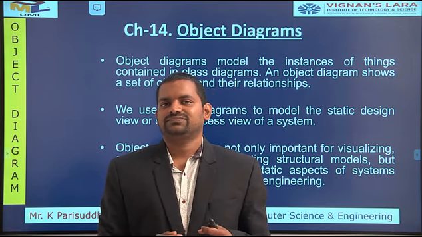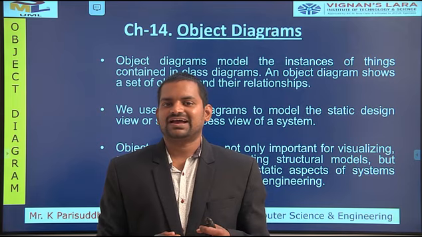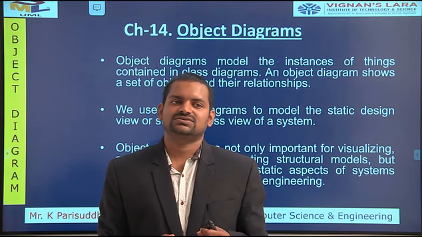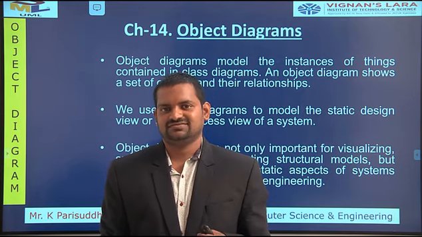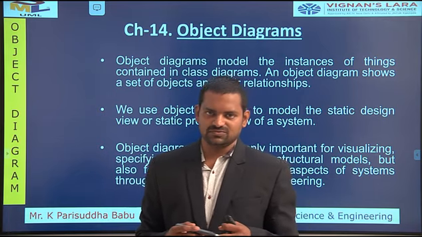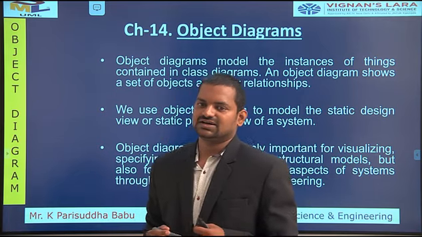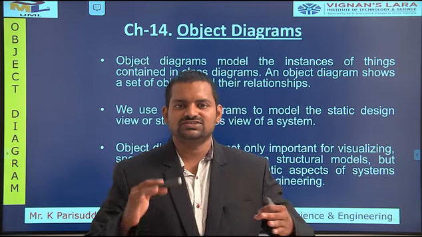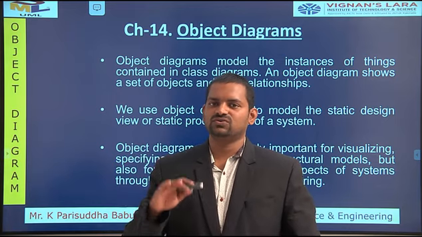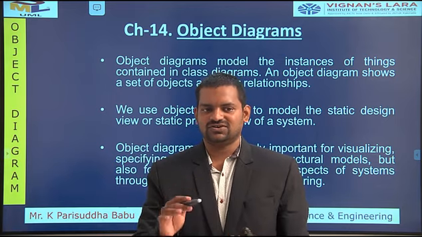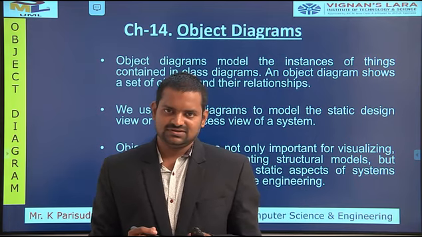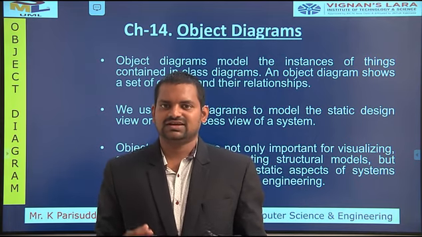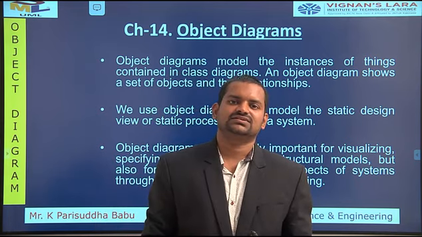And also the architecture of the Unified Modeling Language, and the model. What is a model? How do we do the modeling for a particular system? We are all clear on that information.